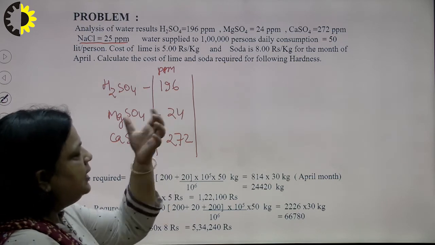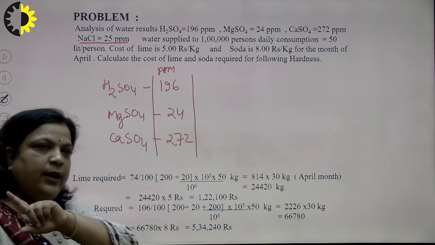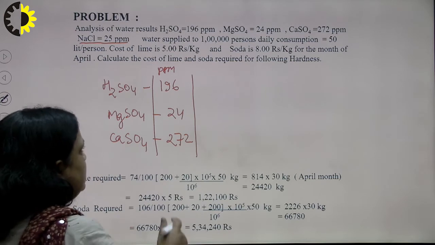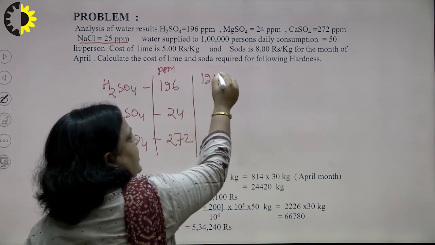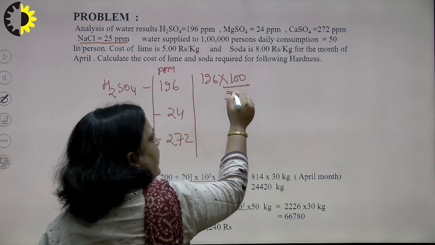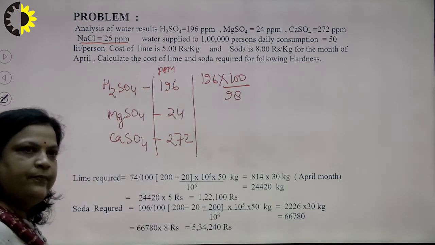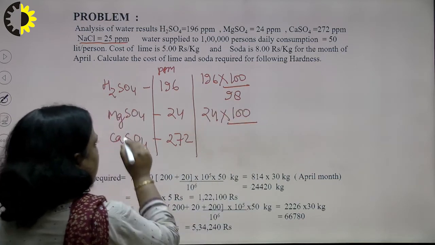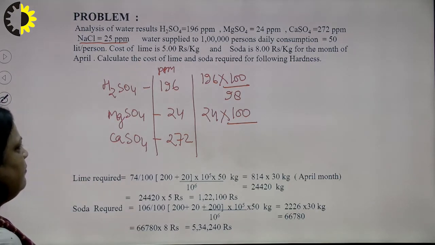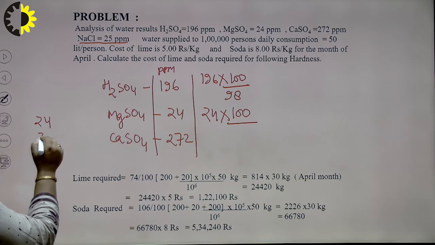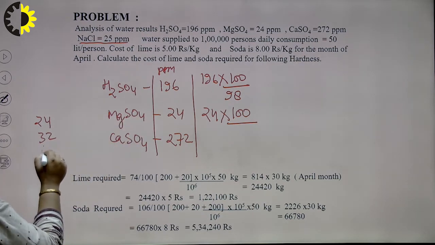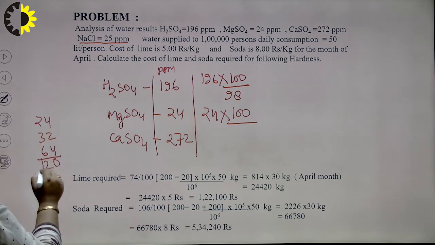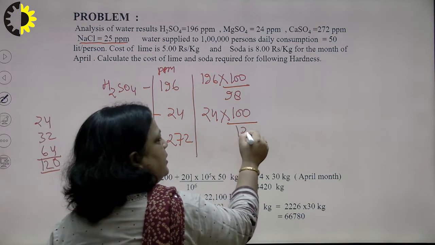Multiplication factor is 100 upon the molecular weight of given salt, that is molecular weight of calcium carbonate divided by molecular weight of given salt, if the ratio of ion is 1. So, here 196 into 100 upon 98, and 98 is the molecular weight of H2SO4. Here 24 into 100 upon molecular weight of magnesium sulphate, Mg 24, sulphate 32, O 16, 64, so it is 120.